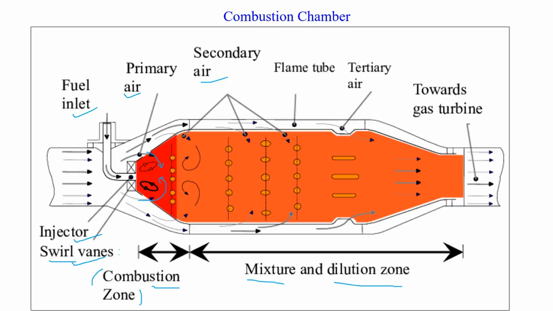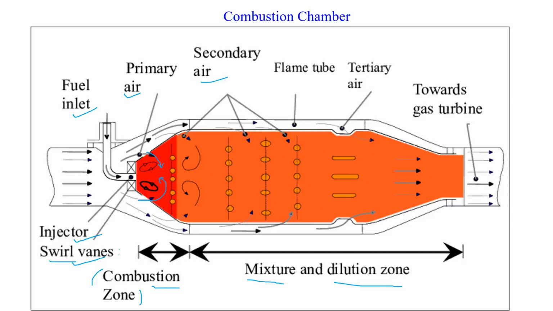Further, this is the dilution zone. In order to maintain a certain temperature, which is the intake temperature of the turbine, we mix further air to dilute the combustion temperature, that means the hot gas temperature. Then the hot gas enters the turbine here. This is towards the gas turbine.